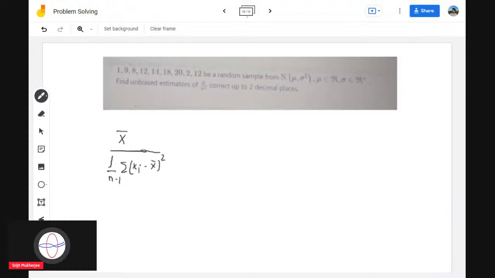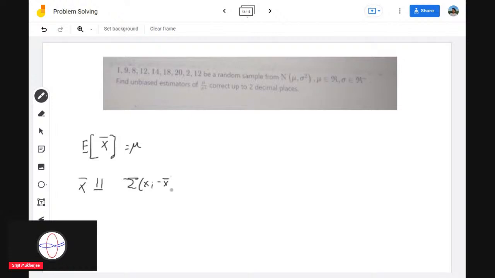Did you understand the idea, guys? What he is telling is the following. The expectation of x bar is mu, and x bar is independent of the sample variance, that is, summation xi minus x bar whole square.